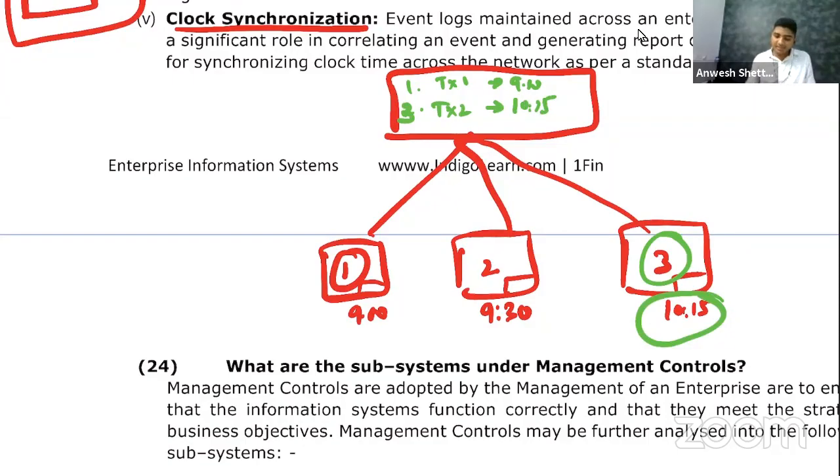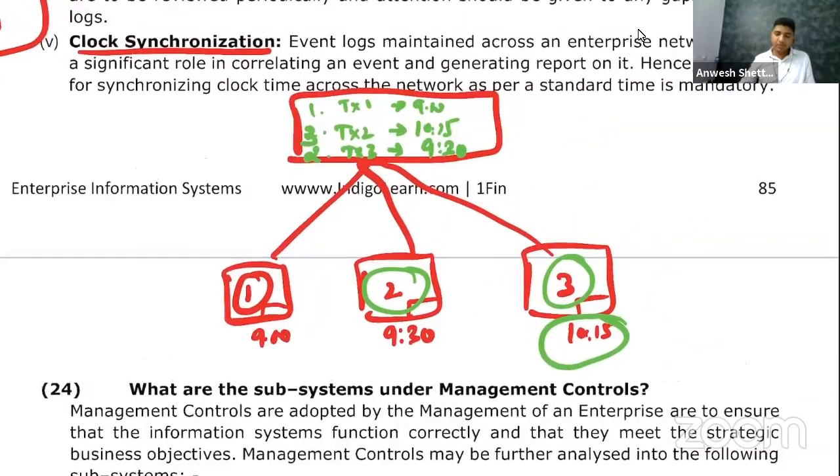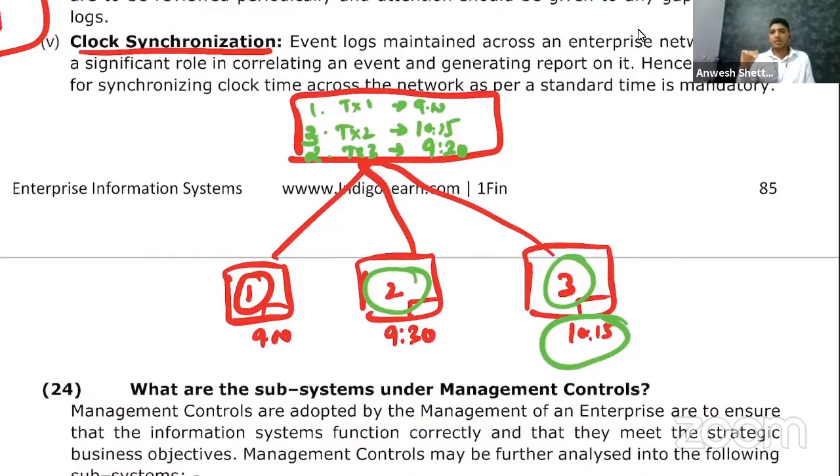Then somebody does something in computer number 2, and you record that transaction 3 happened at 9:30. Now this is not possible, because a log is always in chronological order. So 9 o'clock, 10:15, then you cannot store one more detail of 9:30.